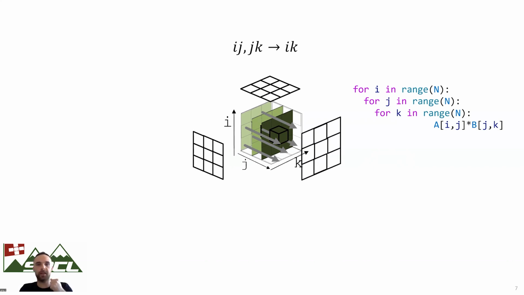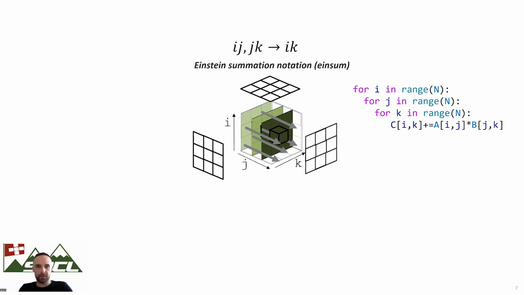So we write ik after the arrow. And what we see here is actually our familiar classical matrix multiplication. So what we see here on top is what is called Einstein summation notation, Einsum in short.